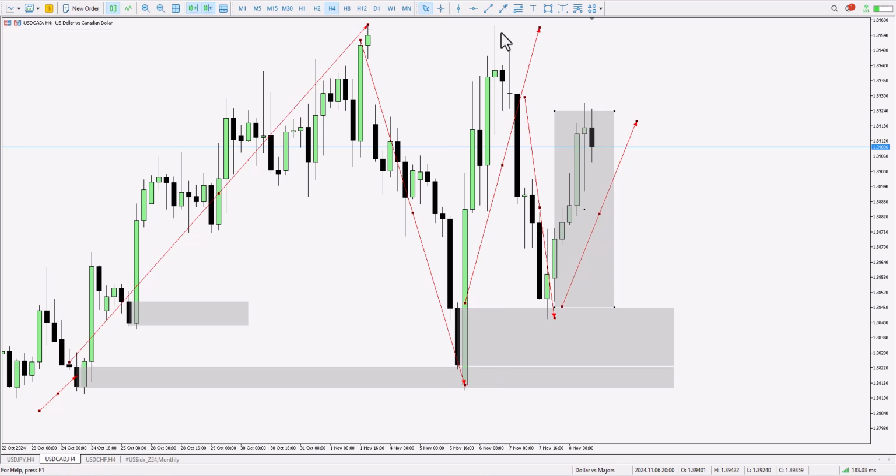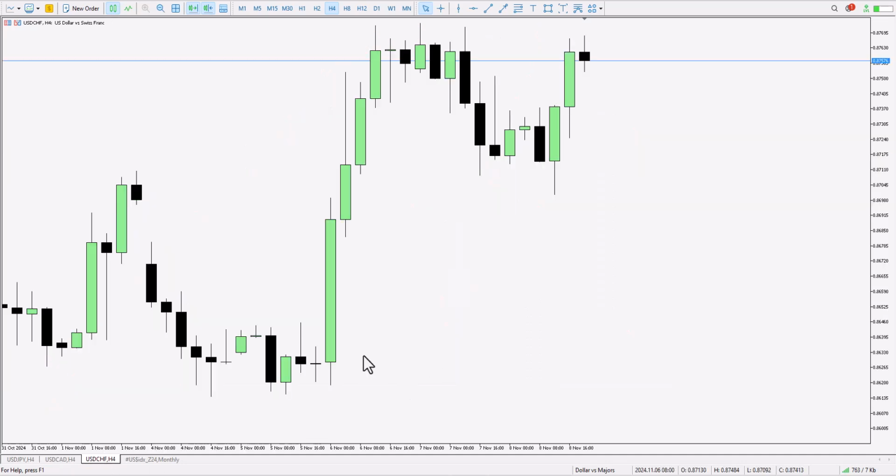Now, price finds support in a demand zone, and then the opposite applies. Price finds resistance at a supply zone. Now, let me go to USD CHF, right? On USD CHF, we had this supply zone right here. See?